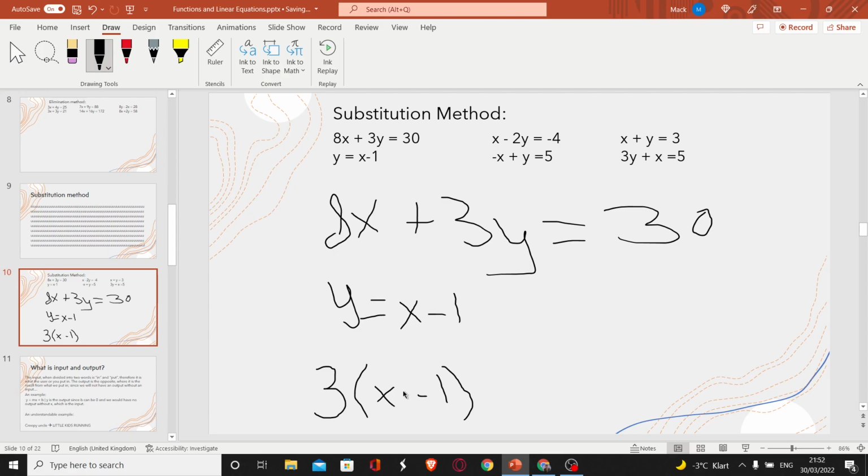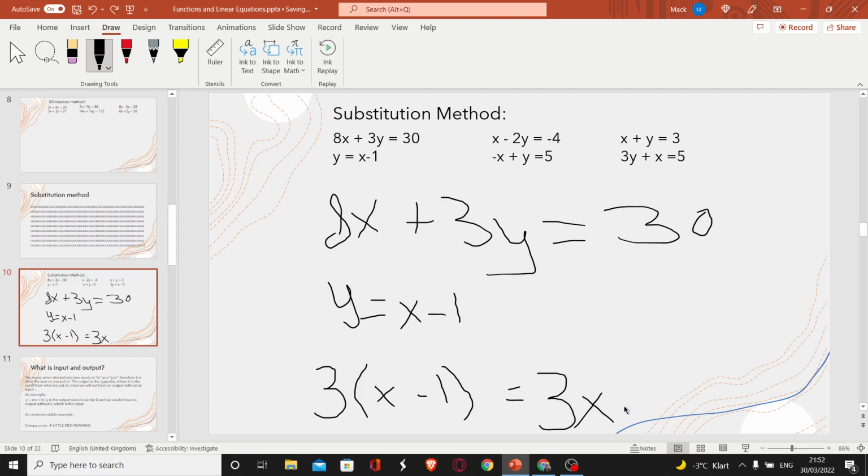Anyway, so now we multiply 3 with x minus 1 using the distributive property, which states that this number must be multiplied with each value in the bracket. So 3x minus 3. 3 times x is 3x, 3 times minus 1, remember the minus sign is on the left of it, so this value is minus 1.